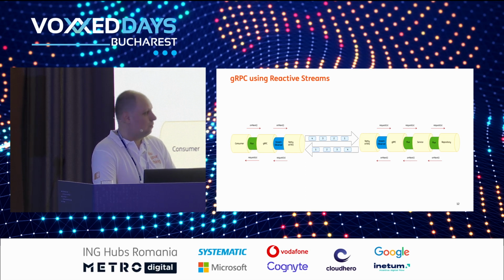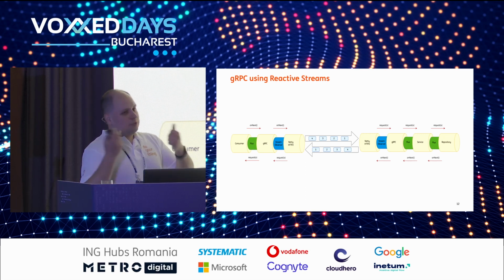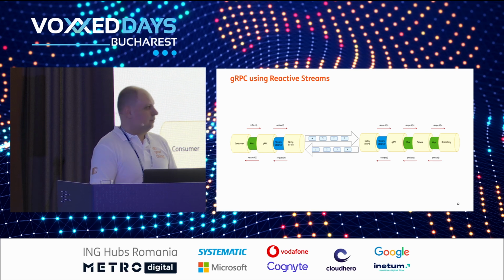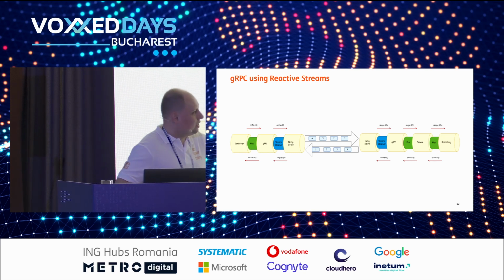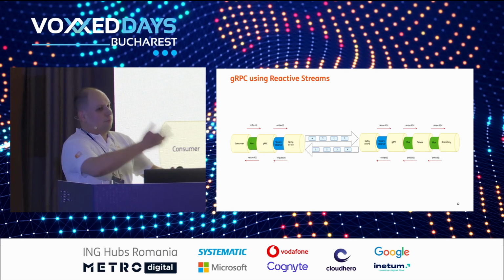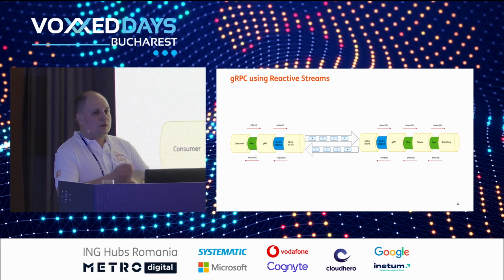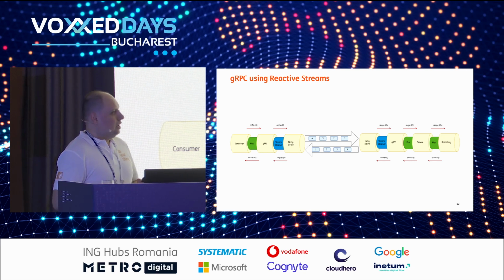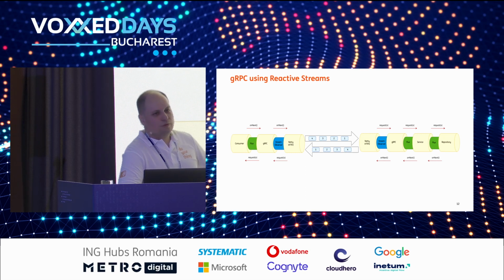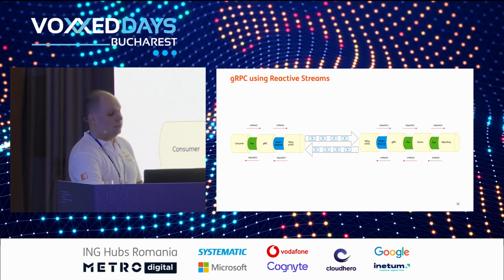On the server side, the stream observer that we have on that end, where we are processing the request, is going to start consuming the messages from the reactive stream, and then of course we can send them to the service layer and the repository layer connecting to the database, and fetch the data from there.